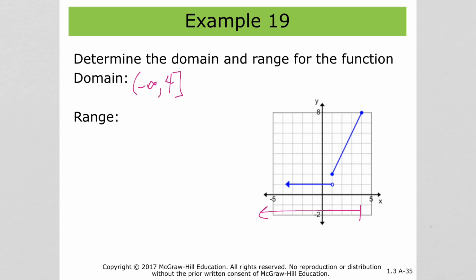The range, there's nothing down here. There's a spot at y equals 1, and then at y equals 2, it's going up to y equals 8. So we've just got 1, and so you put that in braces, and then we're unioning that with 2 to 8. And since the 2 and the 8 are included, they're in brackets.